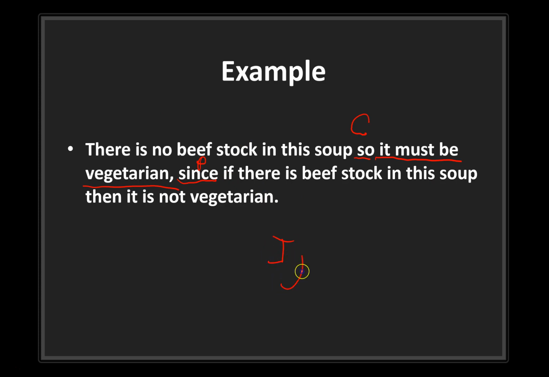So you've got, if there is beef stock in this soup, then it is not vegetarian. And then this is saying, well, there's no beef stock in this soup, therefore it must be vegetarian. Now, what's important here is because you've got all these funky nots in there, it could throw you off.